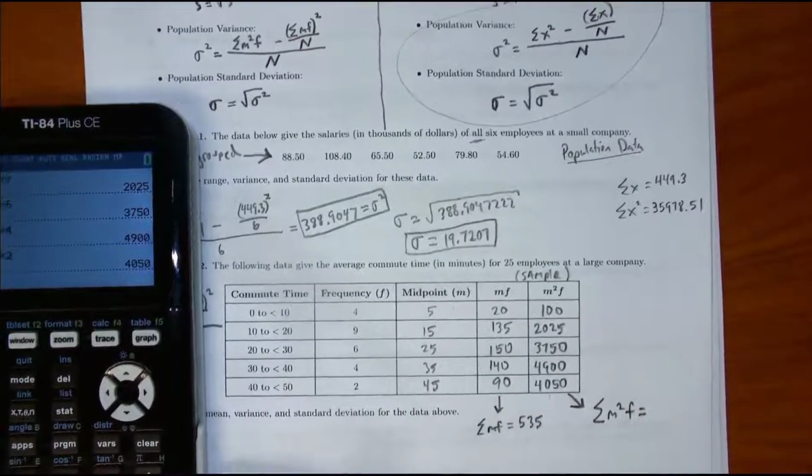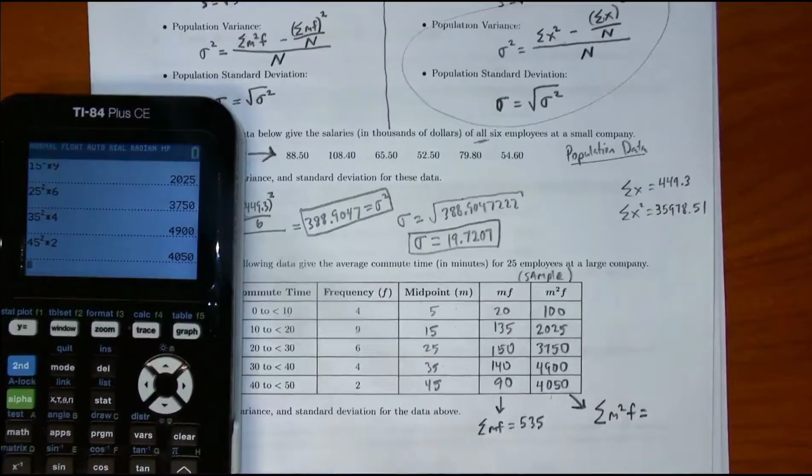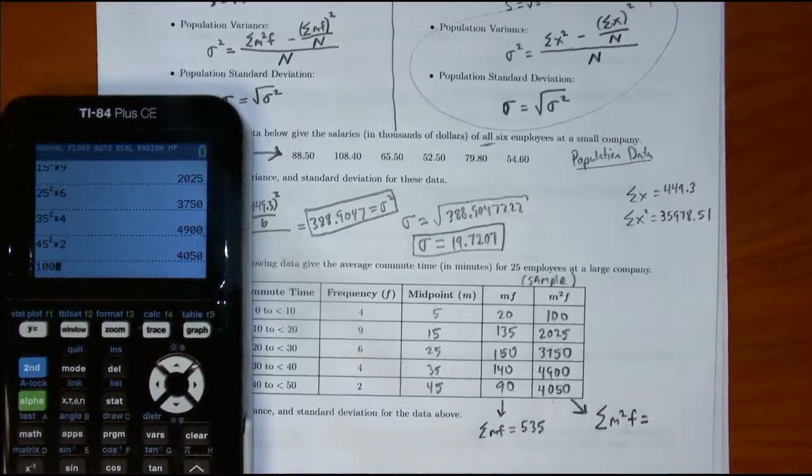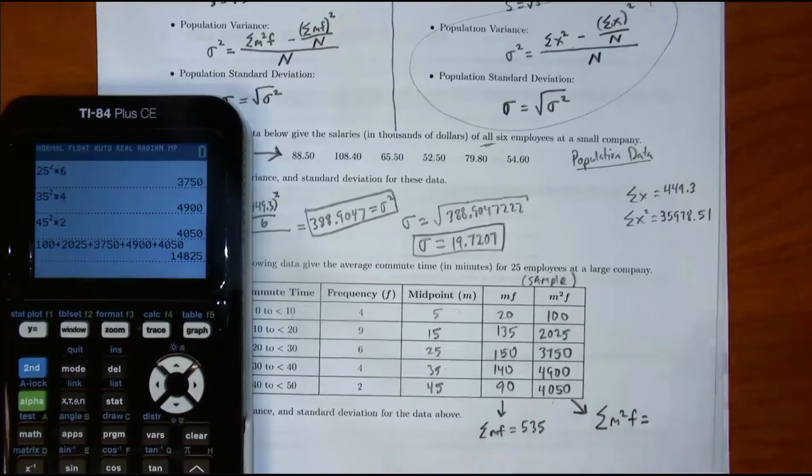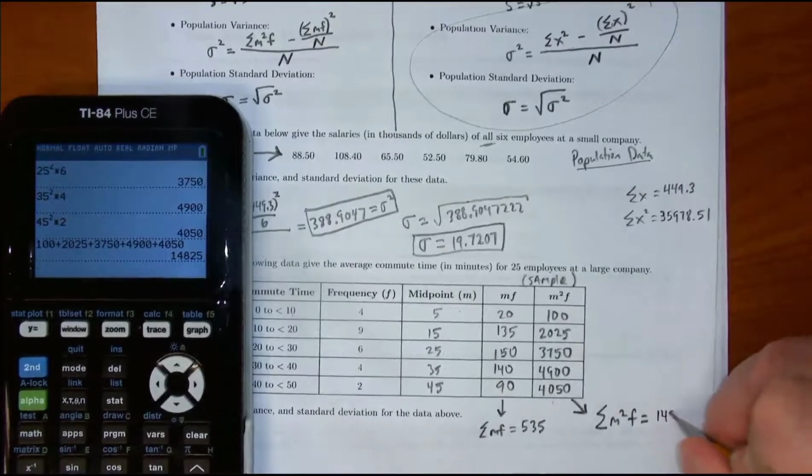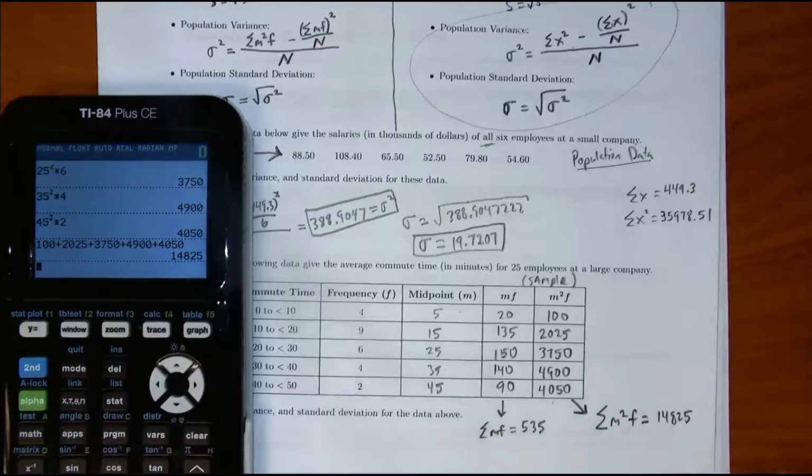Let's see what we get. 100 plus 2025 plus 3750 plus 4900 plus 4050, we get 14,825.